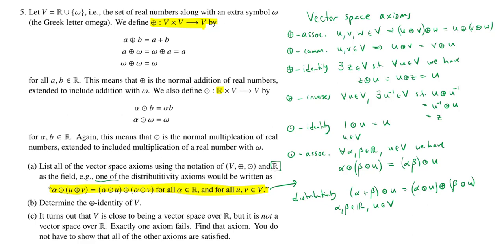So let's see what happens. What if I did 0 O plus omega? According to this rule, it's actually 0. How interesting.